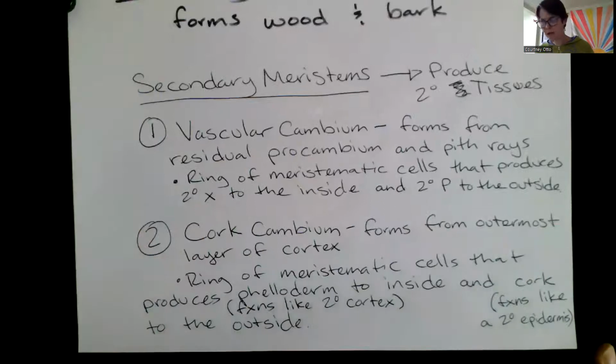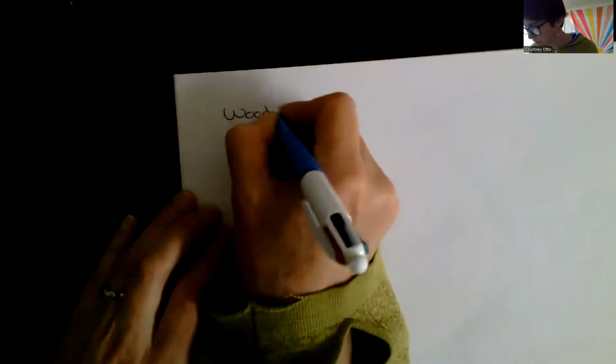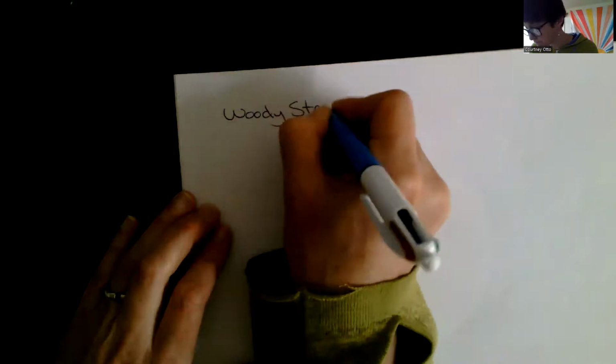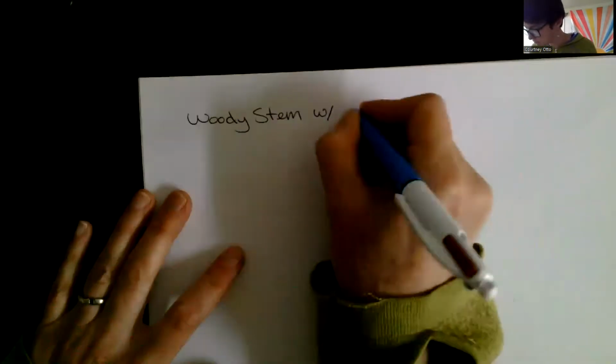All right, well, let's see what happens when a little bit of secondary growth is occurring. So I'm going to make another stem cross section. Now this is going to be a woody stem with just a little bit of secondary growth, which I abbreviate just like that.